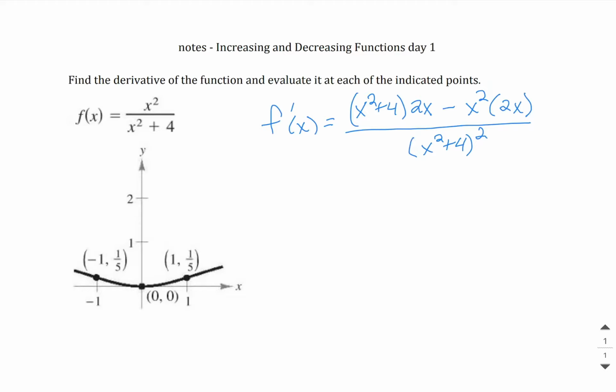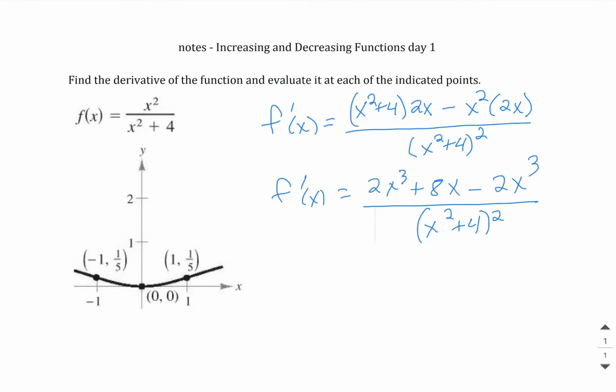Now, after this, we can clean this up a little bit. We could distribute and make f prime of x equal to 2x cubed plus 8x minus 2x cubed over x squared plus 4 squared.